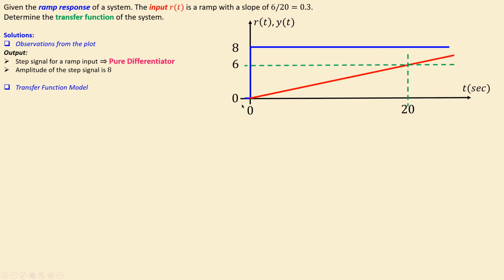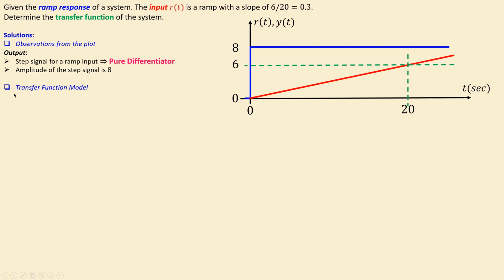So that is not the best signal to check that this is a differentiator. If you have a slope which is linearly increasing, that will give you a more accurate result and can also be determined easily. So that's one of the reasons why we use a ramp input for our differentiator.